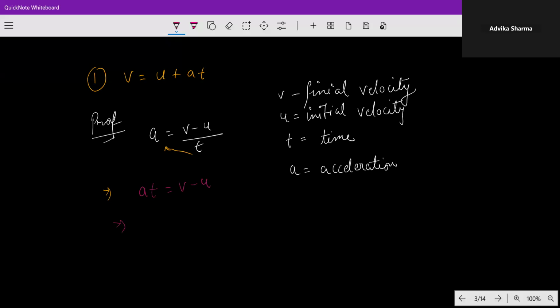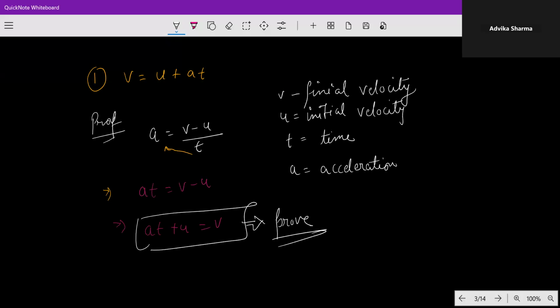In the next step, taking minus u across, at plus u equals v, right? So our first equation of motion is proved. Is there any doubt regarding this? No. Very good.